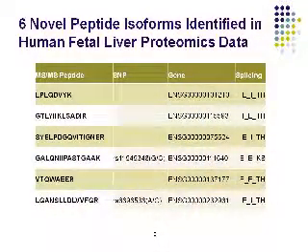And this is some actual result we ran using human fetal liver proteomics data that we pulled from the public repository of proteomics data sets. We used this database and this framework. We found quite a few novel peptides that are quite new.